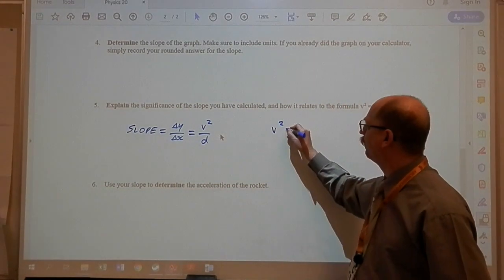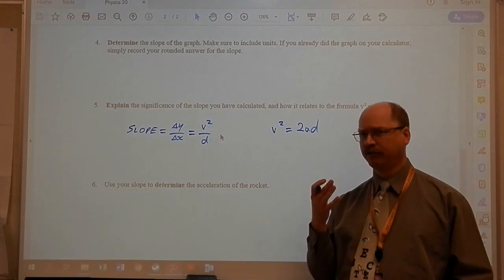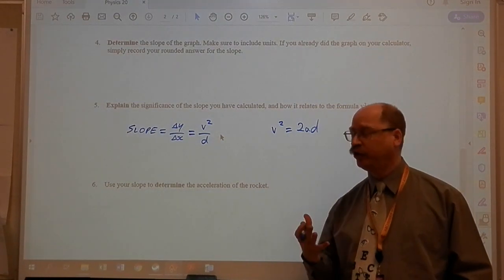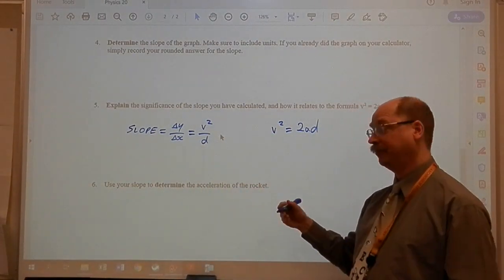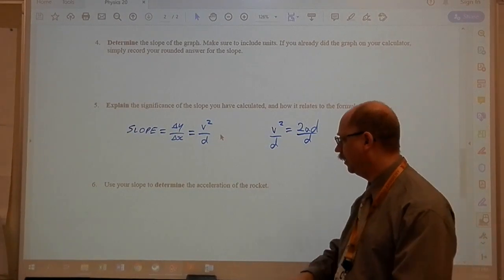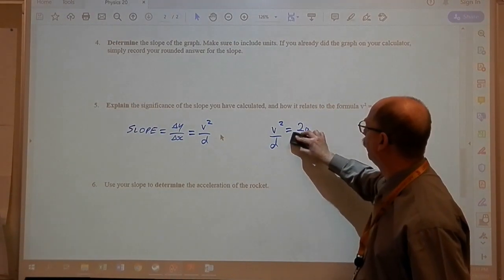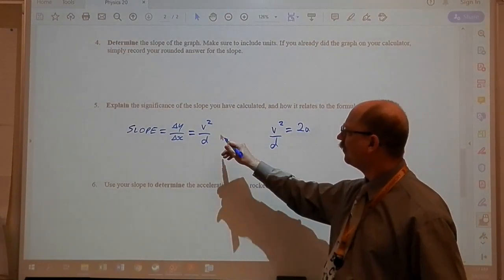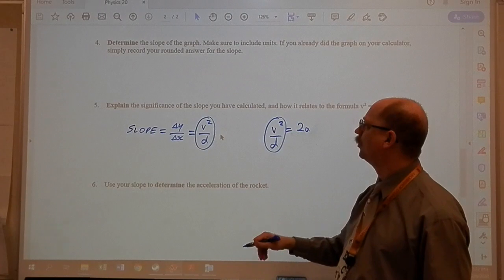I also have this formula though, and I ask myself, can I manipulate it, change it around so that this is the same as this? Yep, I can. Divide by D, divide by D. So D divided by D is 1. I get this. Now the part that's important is this is V squared over D and so is this.